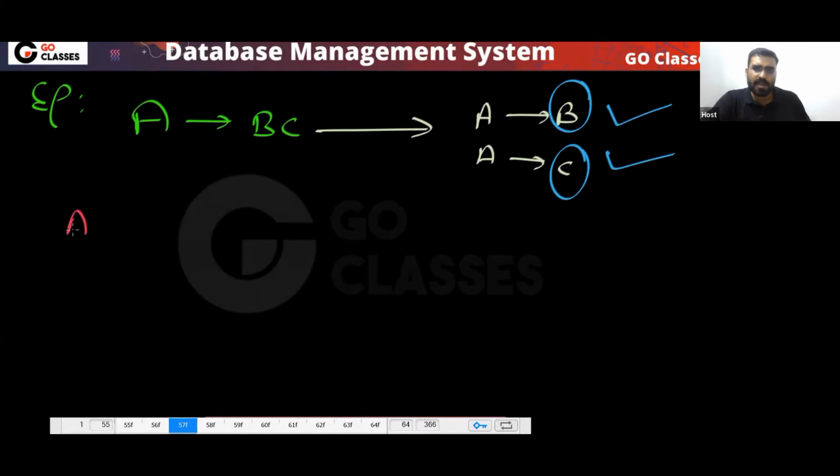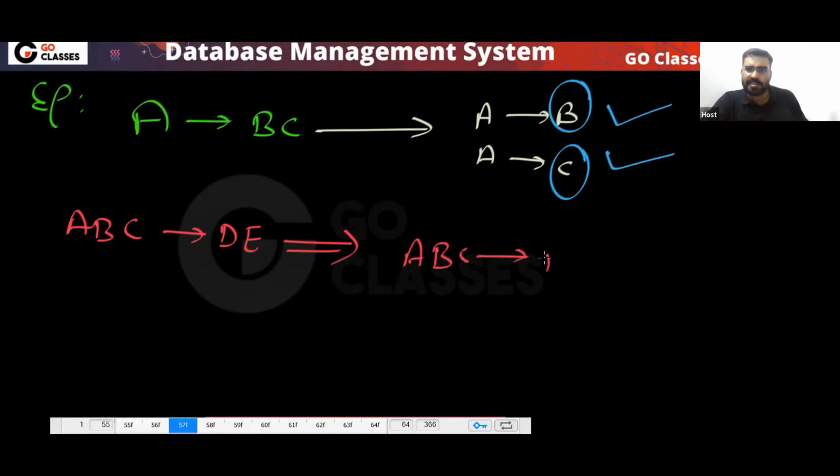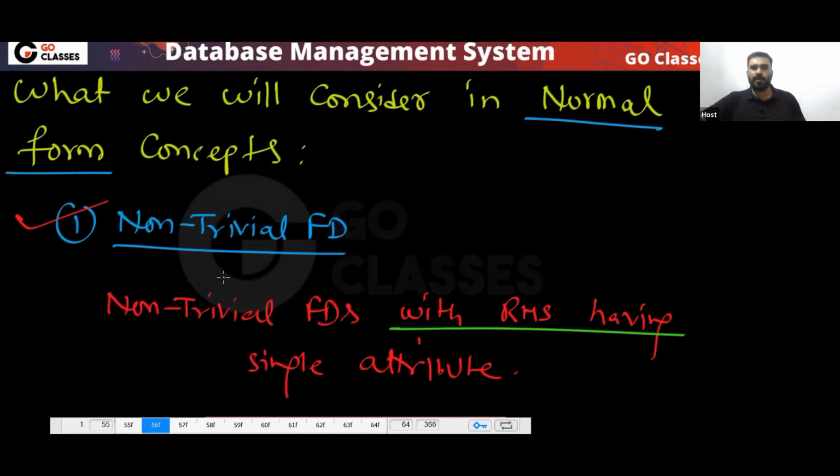Like if you have A, B, C determines D, E, then what will I do? I will write A, B, C determines D, and A, B, C determines E. So on the RHS, we should have a single attribute. This type of non-trivial functional dependency we will consider. Is this point clear?